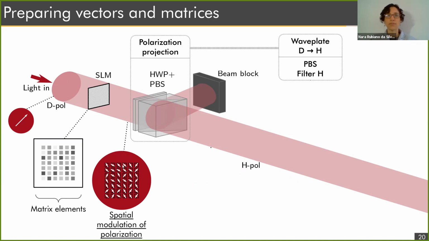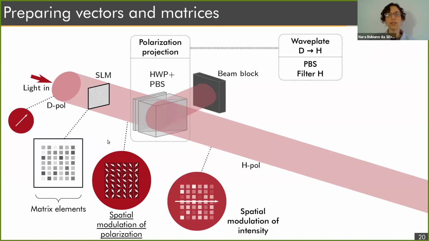So in each of the cells, there will be a different polarization state, different from the diagonal one that was in the input. After filtering the polarization, we have this distribution transferred to the spatial modulation of the intensity of the beam. And that's how we encode these matrices and vectors in the spatial distribution of the light.